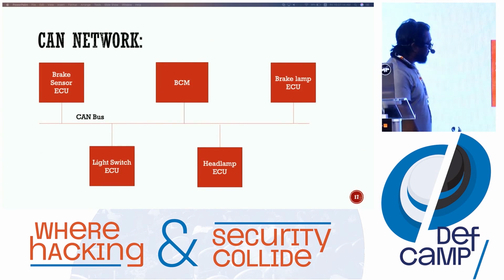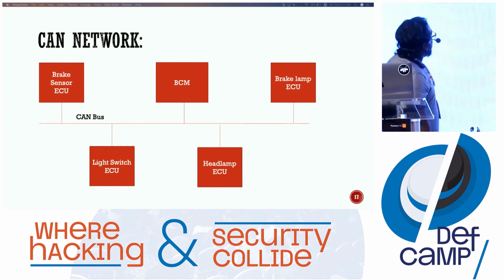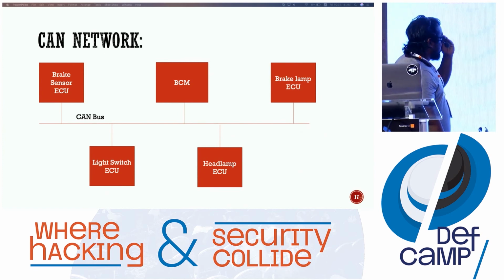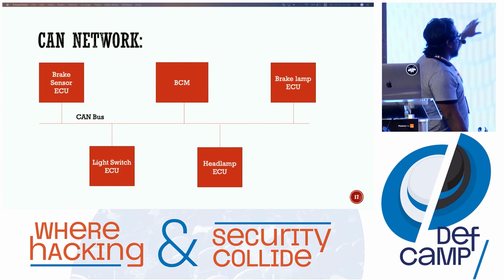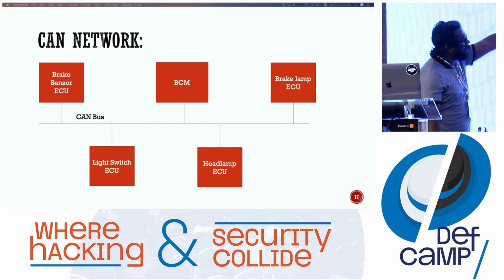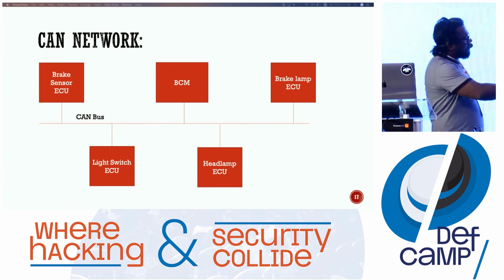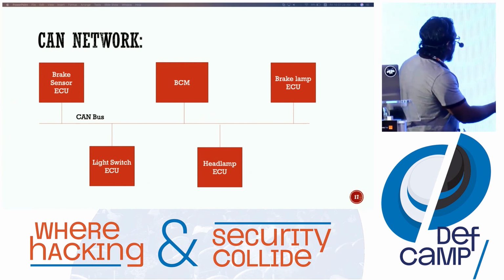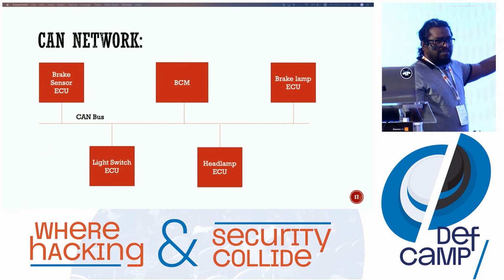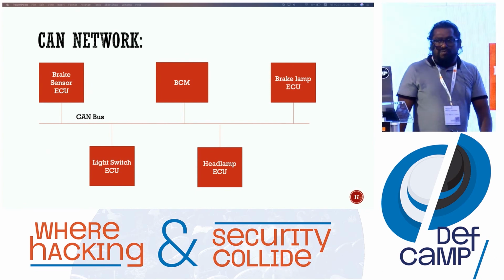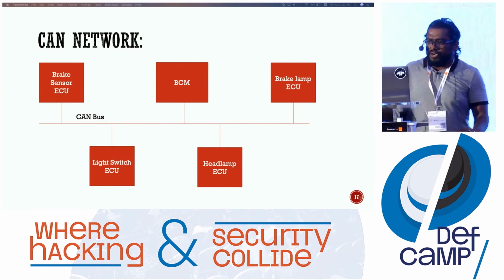So if I look at the CAN network, on the single bus, we cannot say single bus actually. On the main bus, you will see a lot of components attached, like the lamps ECU, headlamp ECU, and lights ECU. These are different kinds of ECUs connected with each other. How does it communicate?